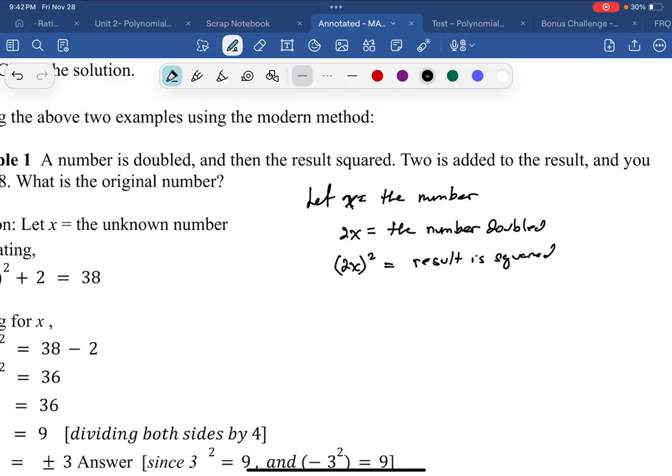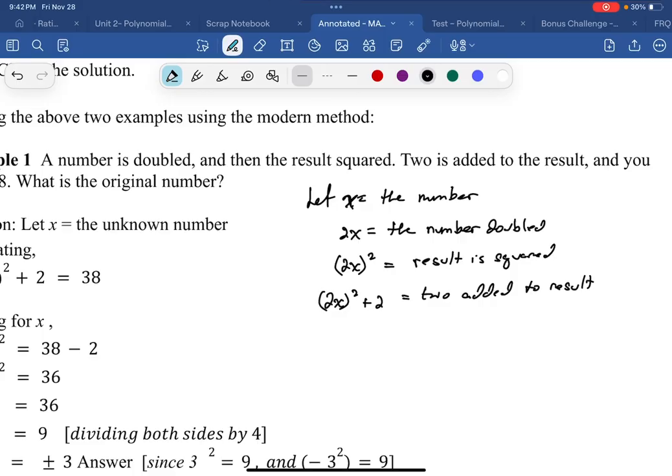Then 2 is added to the result, right? That new result. The result is squared is the result, which was the number doubled squared. So the new result is the number doubled and then squared. I know it's a mouthful, but 2 is added to that, so 2 added to the result, and you get 38.